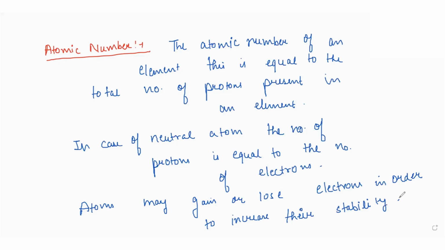And when an atom is either gaining or losing an electron, it is converted into an ion. If it gains an electron, it is converted into an anion, and if it loses an electron, it is converted into a cation. It depends on whether it is gaining or losing an electron.